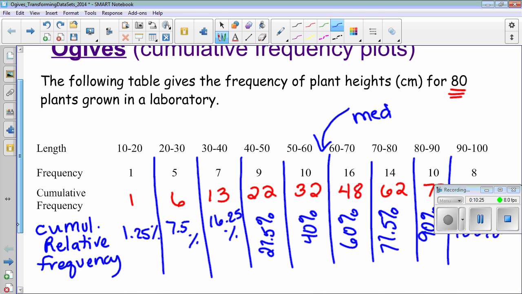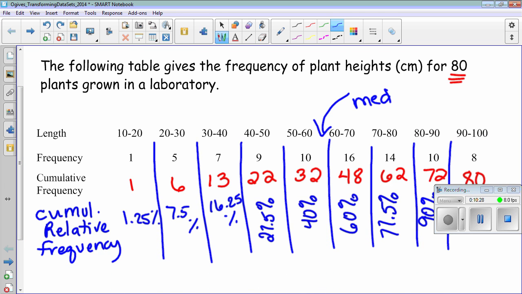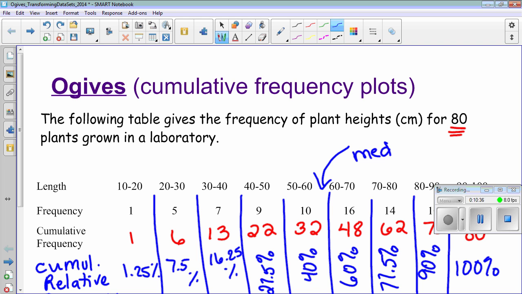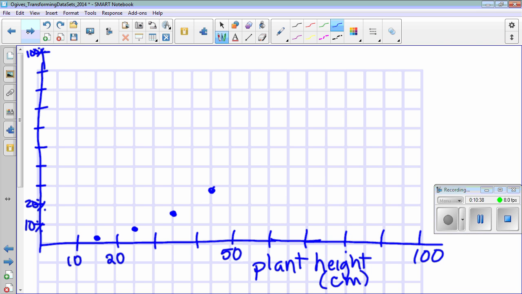45, we got to 27.5%. Keep going. 55 was 60%.